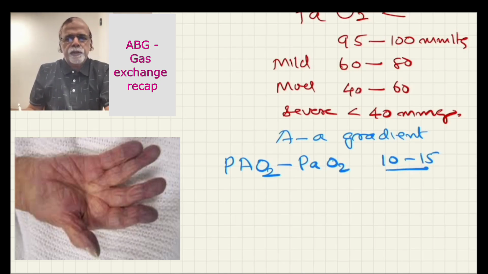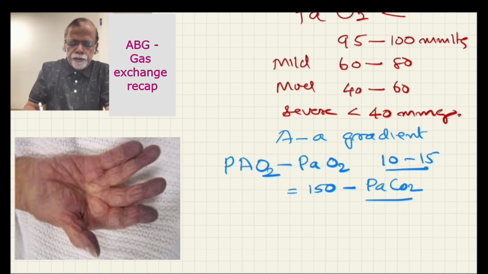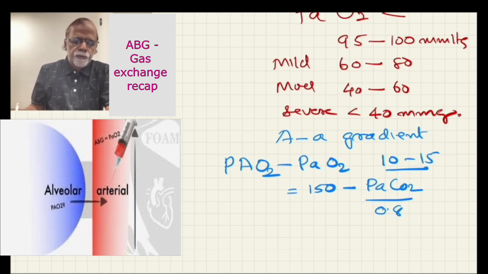When you get hypoxemia, you have to calculate the AA gradient and identify whether the patient has a normal AA gradient or an increased AA gradient. So the simplified gas equation will be 150 minus PaCO₂ divided by respiratory quotient. Again, we will discuss the details in the subsequent sessions.